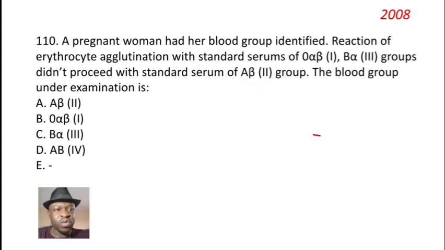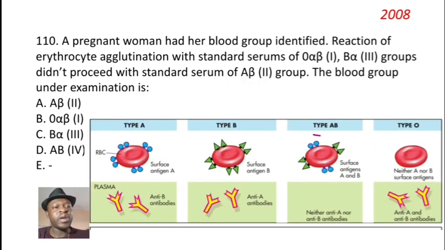Let me show you the solution, how to work it out. The first thing you need to know about blood groups is the general rule: blood group O is a universal donor, and blood group AB is a universal recipient. But these days they are no longer doing that. Blood group A will only give or receive A, and so on. They are no longer mixing.